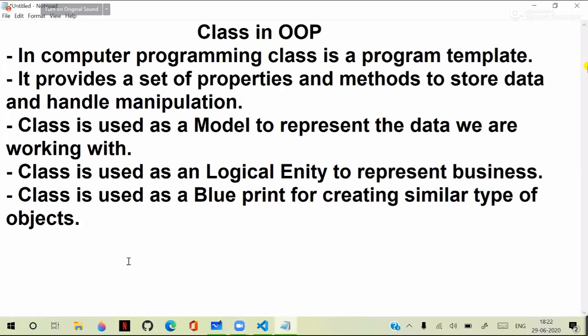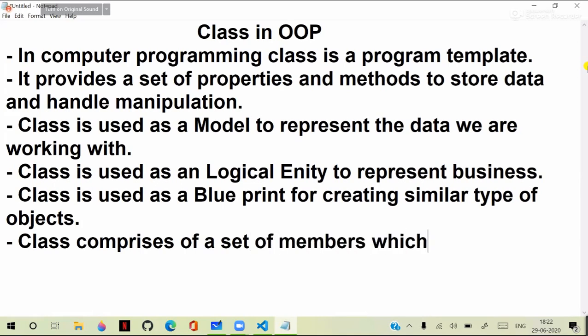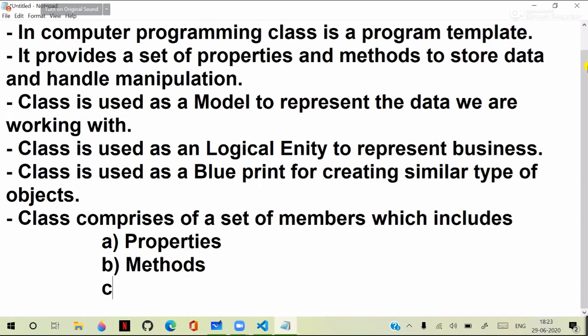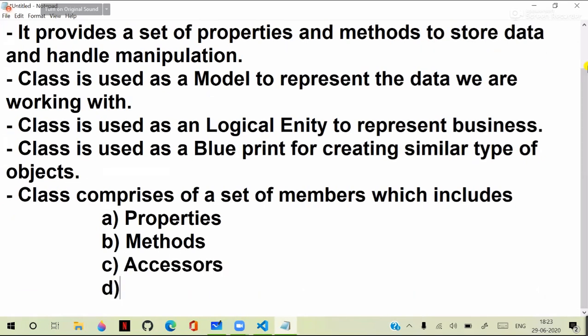So usually a class comprises a set of members, which includes properties, methods, accessors, and constructor.